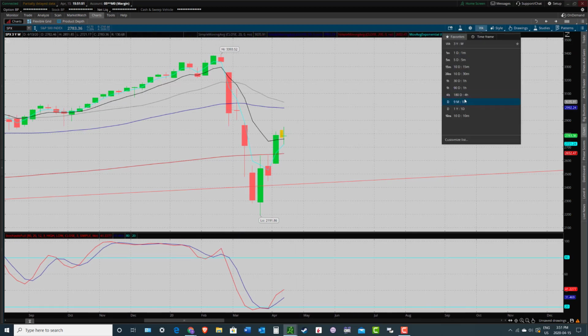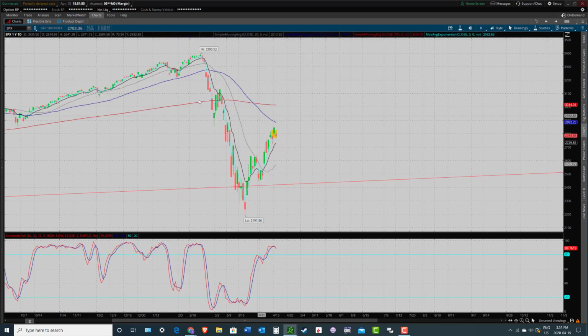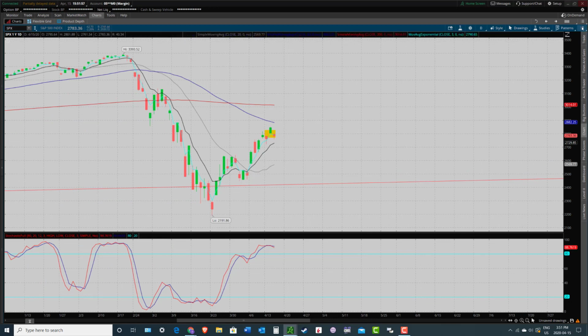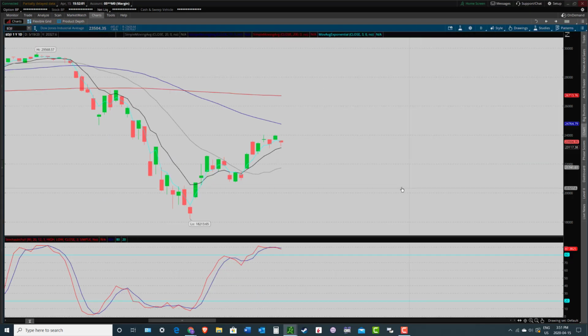Okay. So that's really what I wanted to go through here on the SPX candle chart. Now, let's go to the Dow Jones Industrial Average. Similar setup. We don't have the island gap because we didn't have the same gap from Monday into Tuesday on the Dow that we have in SPX, but largely the same formation.